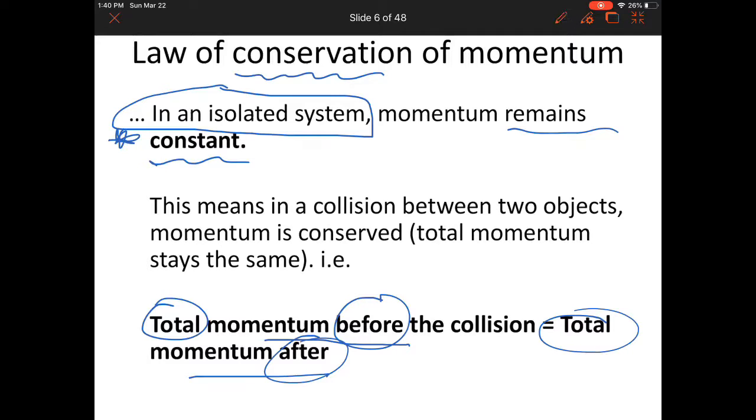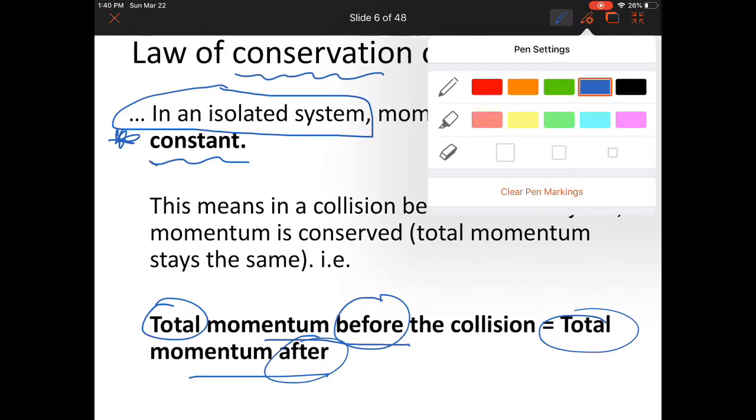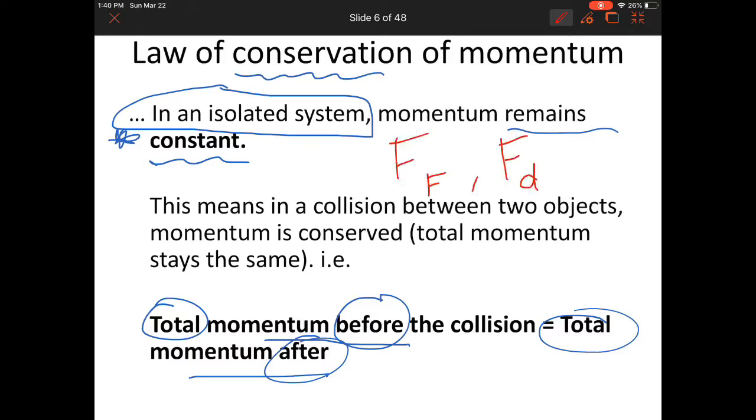You'd have things like the force of friction and air resistance, etc. For now, we're going to almost assume that we're in a perfect world. We're in an isolated system, which means there are no outside forces taking away or pulling away any of the momentum. So let's just think about that. It's an isolated system.